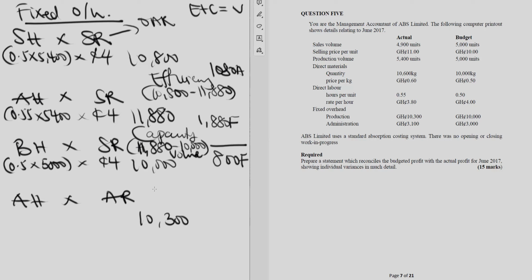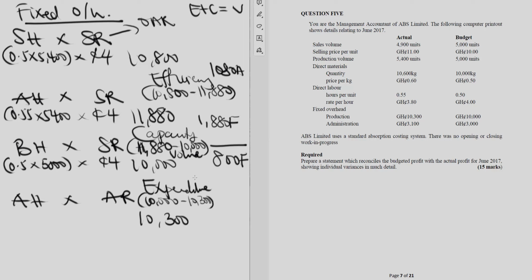Then when it comes to the fixed overhead absorption or the expenditure variance, fixed overhead expenditure variance, one thing you realize is that we have 10,000 minus 10,300, which means that we overspent for overheads, not so?